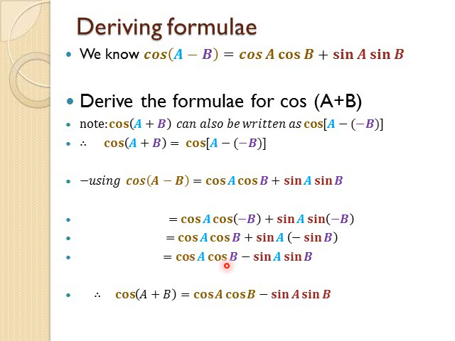So I have cos A times cos B minus sin A times sin B. So in short, cos(A + B) equals cos A cos B minus sin A sin B. So with the cos compound angle, the sign changes, negative becomes positive and positive becomes negative, but it always stays cos cos, sin sin. So I hope you follow and understand.